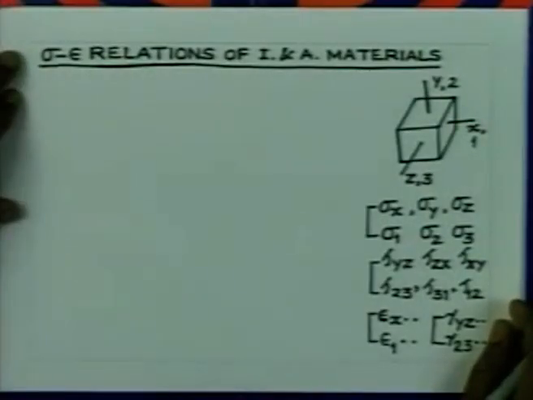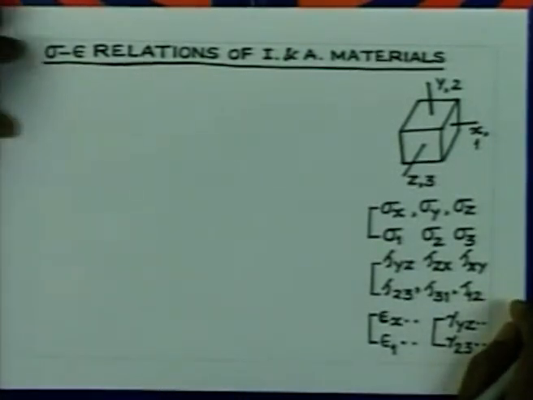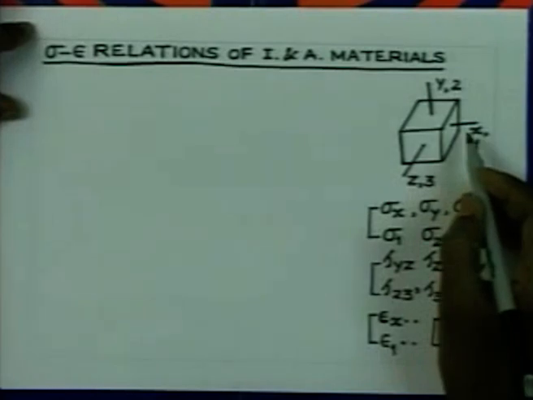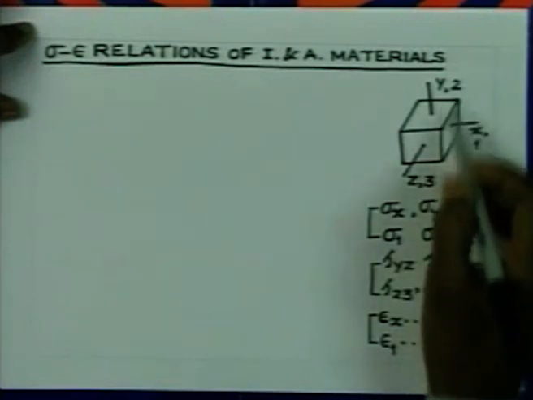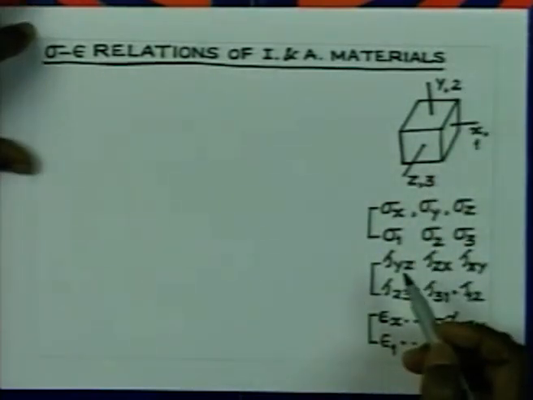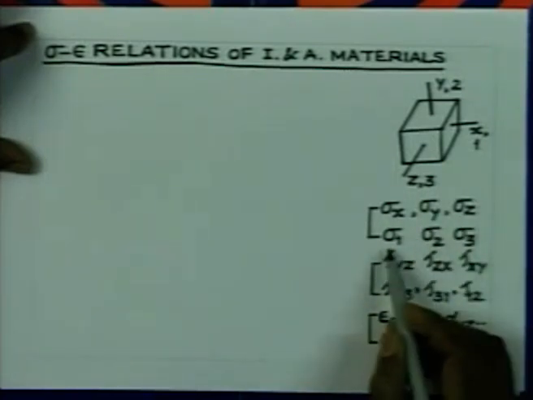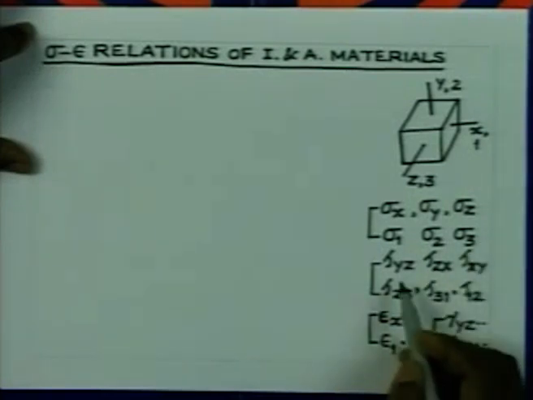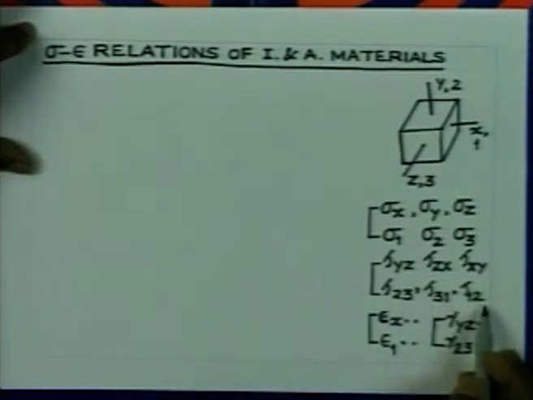Now, let us try to look into the stress strain relations of isotropic and anisotropic materials. In fact, we are going to talk about the generalized Hooke's law. Let us consider the directions x, y, z, or in terms of indices 1, 2 and 3. The stresses sigma x, sigma y, sigma z will be indicated either like this or as sigma 1, sigma 2, sigma 3, and the shear stresses tau yz, tau zx, tau xy will be indicated as tau 23, tau 31, tau 12.